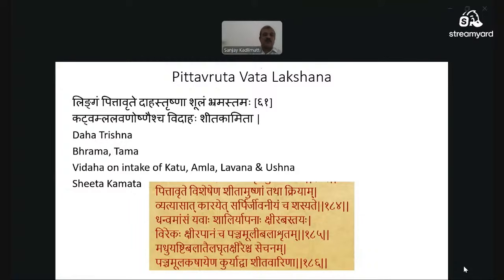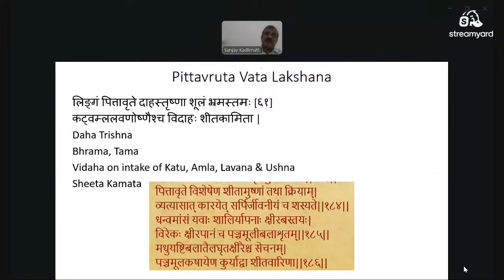How? Katvamla lavanoshnaischa vidaha, shita kamita. If the patient eats katu, amla, lavana and ushna, there will be vidaha, which is the same in Amla Pitta also. But shita kamata is there. Then you understand that the patient has Pittavrata Vata lakshana. Daha, trishna, shula, bhrama, tama may be in other diseases also. In other Pitta diseases also, katu amla lavana ushna intake will increase the symptoms, and shita kamata will be there.